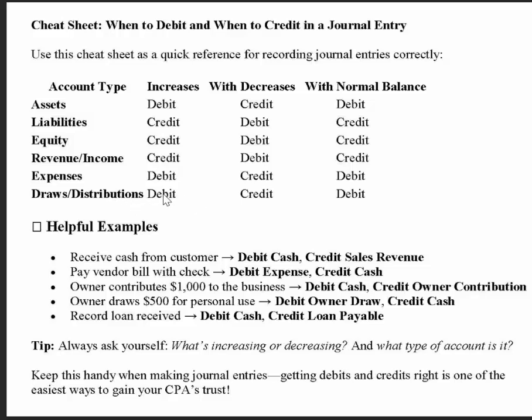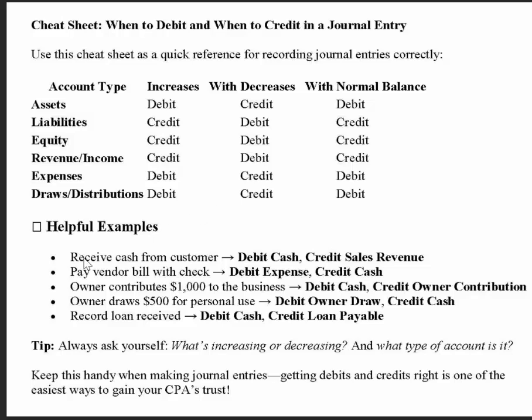And if they're putting money back in and you happen to be crediting it to a draw, like for some reason they took the money out, put it right back in, and you use that as a draw instead of a contribution, then it's a credit. The normal balance is a debit.